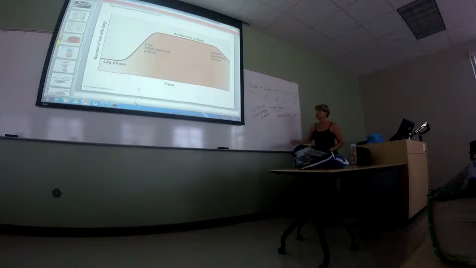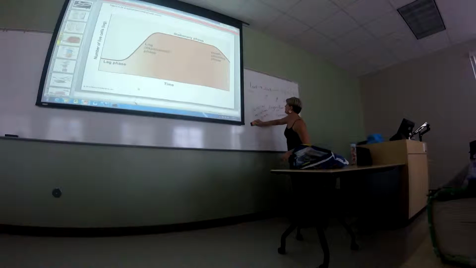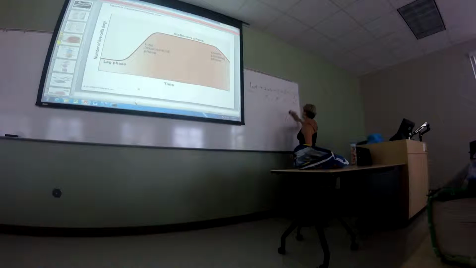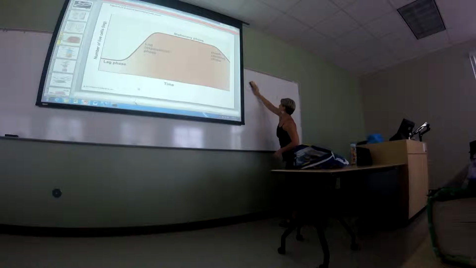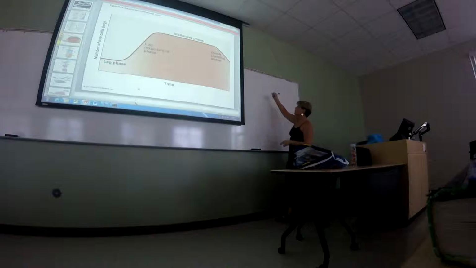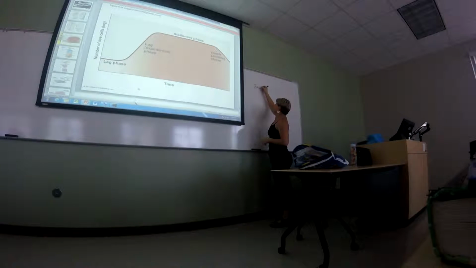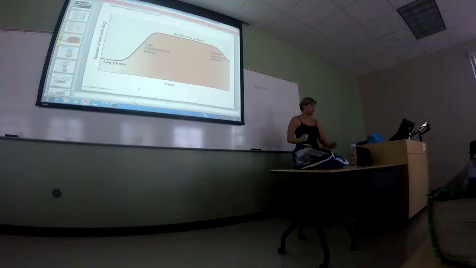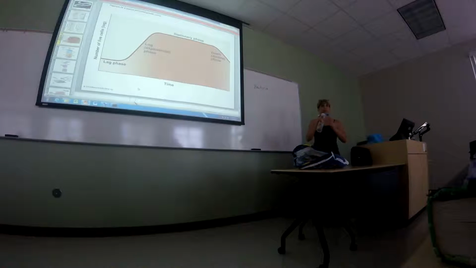In your bacterial growth curve, there are certain things that you need to know for your second test. First thing is, what is this growth curve? This is bacterial population growth. So it might be bacteria growing on that leftover piece of pumpkin pie in your refrigerator since last Thanksgiving.